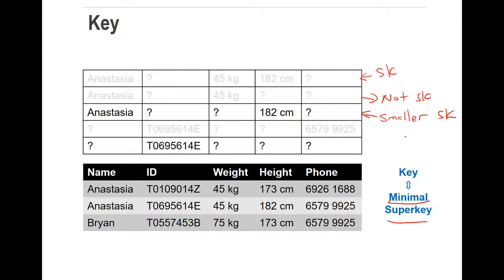That's why there exists at least one super key, which is the entire schema. For a key, it has to be minimal. There's no other choice. It has to be strictly minimal. If I try to remove any one of these, either the height or the name, it is no longer a super key. So that's why this is a key.